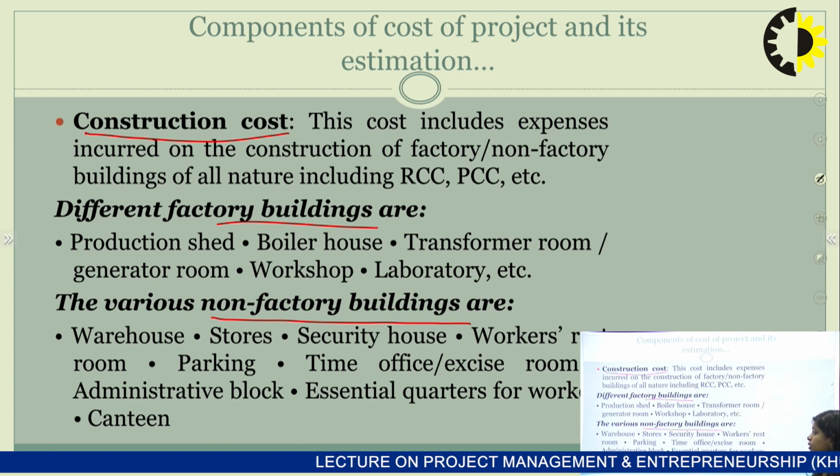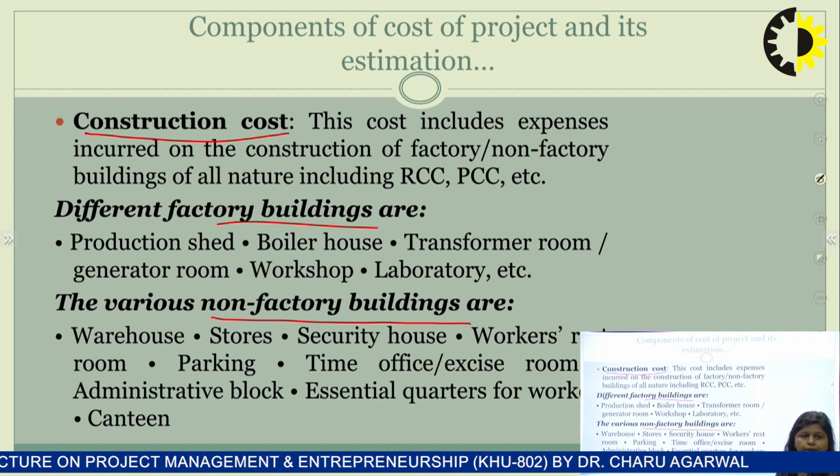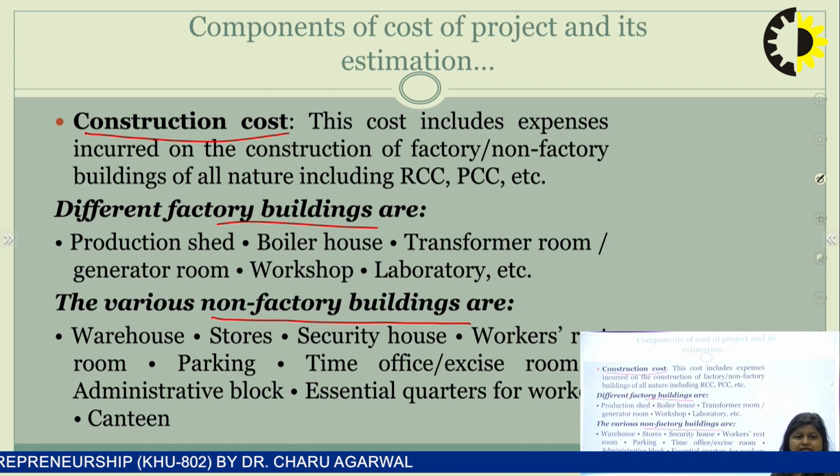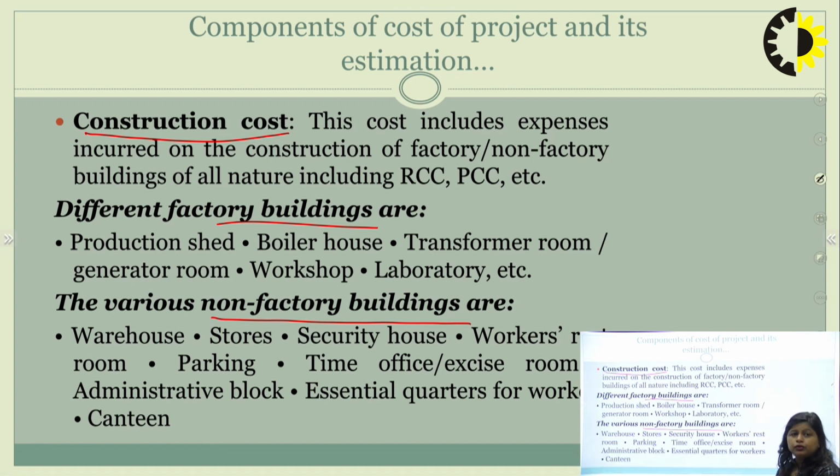Non-factory buildings include warehouses, stores, security houses, workers' restroom, parking area in which people park their vehicles or trucks, timing office, excise room, administrative block, essential quarters for the workers, and canteen is very important here. So these are the non-factory buildings. These come under the category of the factory building and these come under the category of the non-factory building.